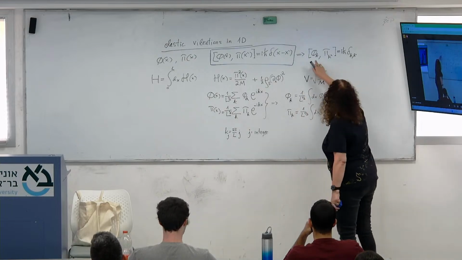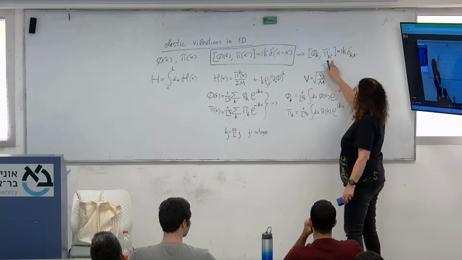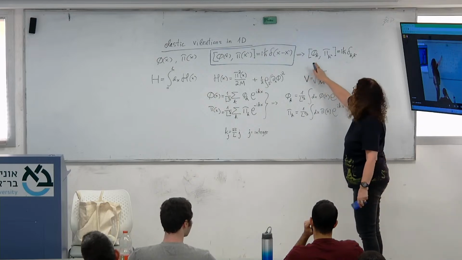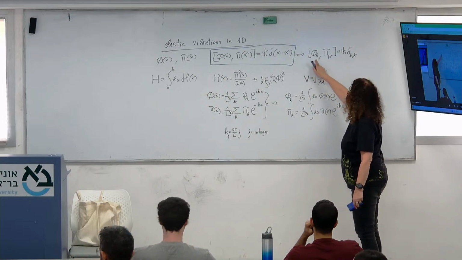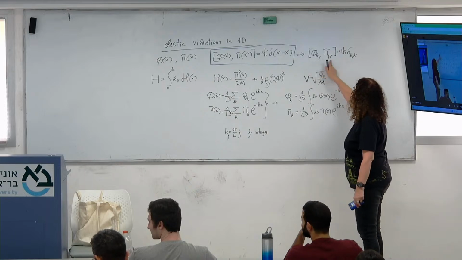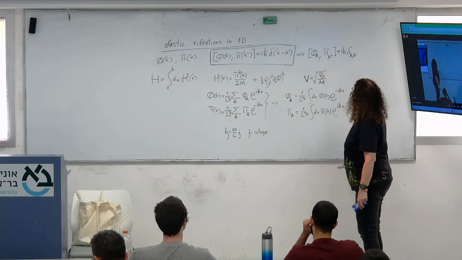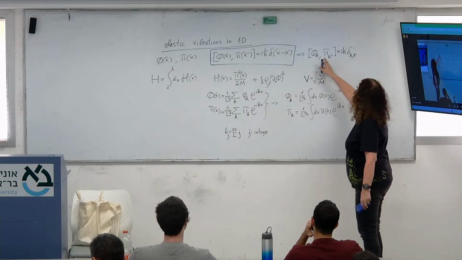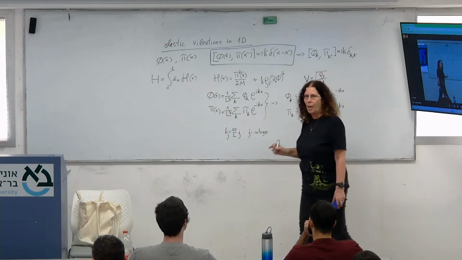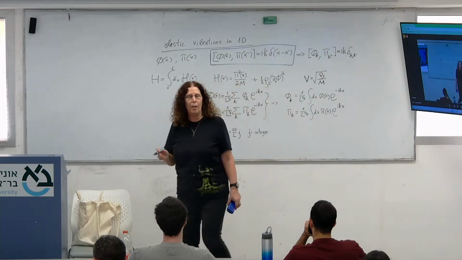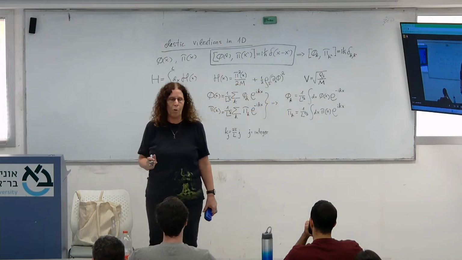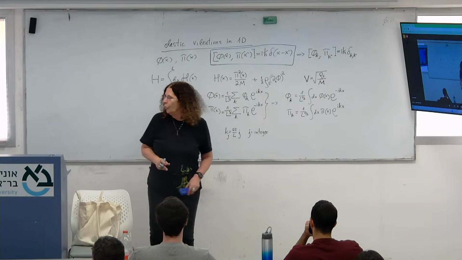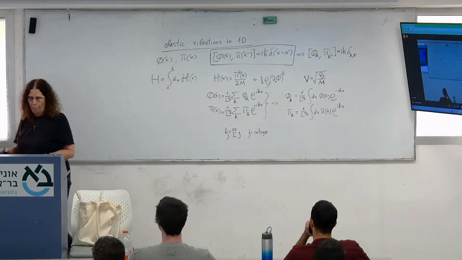But in any case, whatever they are, let's assume that they are discrete, then indeed k and different k prime are commuting, but for the same k, phi of k and pi of k are canonical conjugate non-commuting variables, okay?